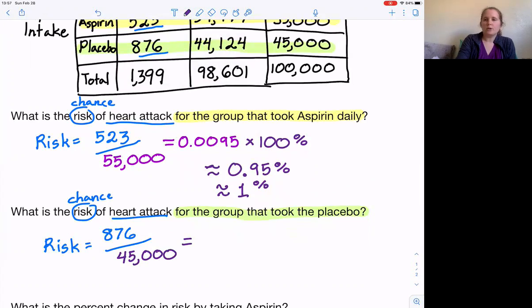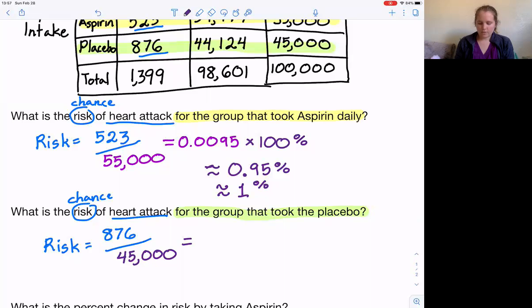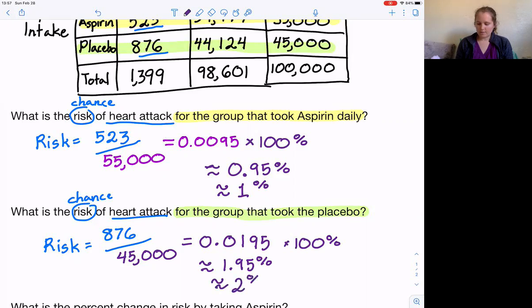If we do this computation, we have 0.0195 approximately. Convert that to percent, multiply by 100%. We are looking at 1.95%, or approximately 2%.